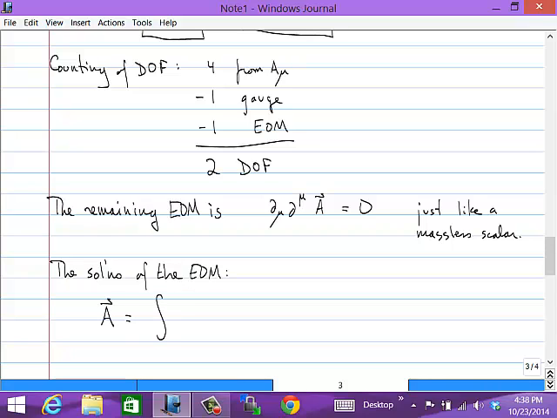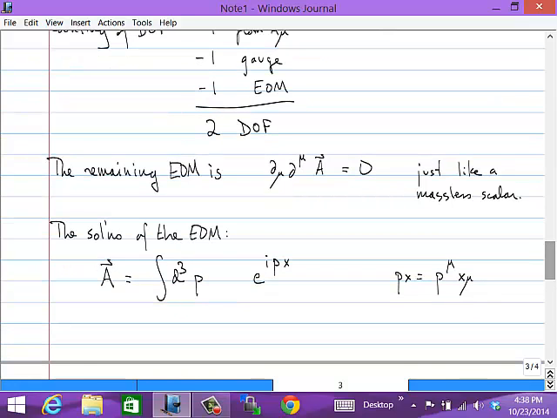So it'll take the form of the integral d3p of e to the i px, where px is just shorthand for p mu x mu, the 4-vector p contracted with the 4-vector x, where p is determined by the condition that A is massless, so p squared is equal to 0.